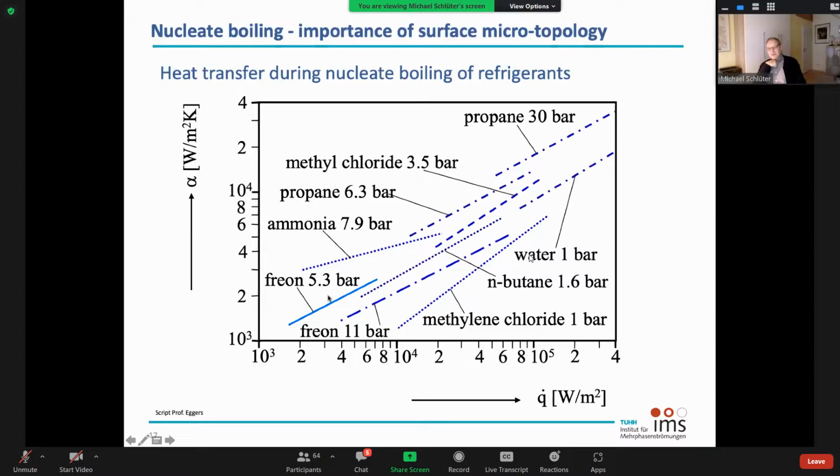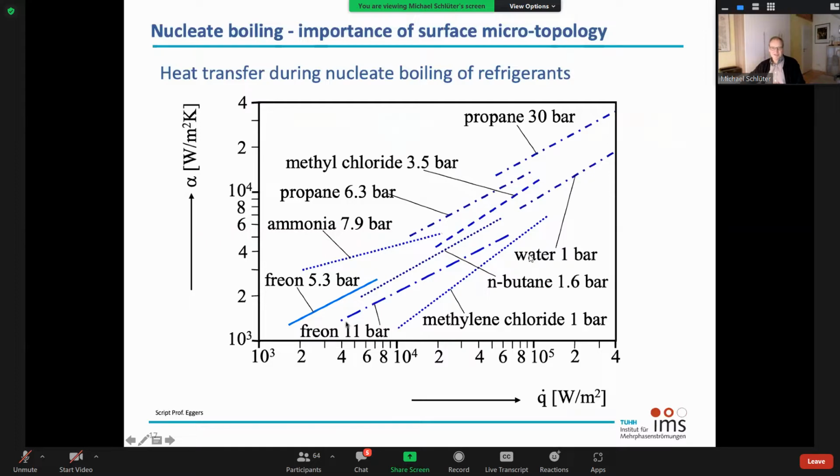And you can see here the higher the pressure, the lower is the alpha value, because with higher pressure you get smaller vapor bubbles, of course. And the smaller vapor bubbles mean that we have also less convection in this case. So this is why the pressure is taken into account, and these are typical pressures of these refrigerators or air conditioning systems.